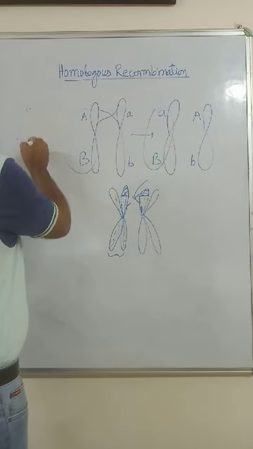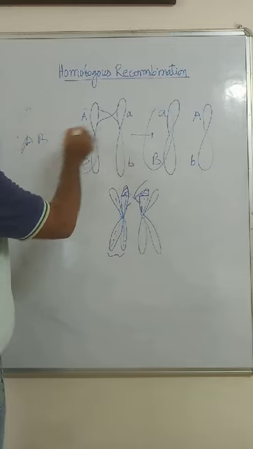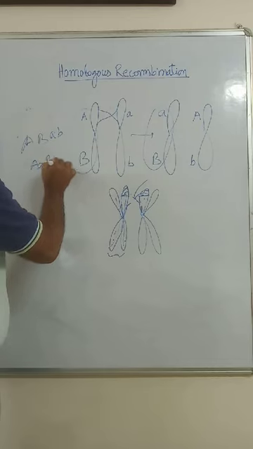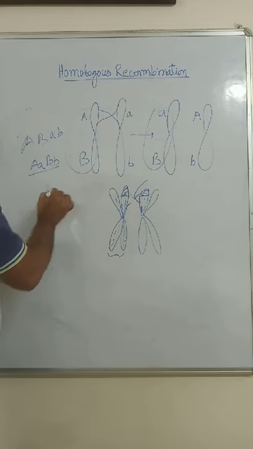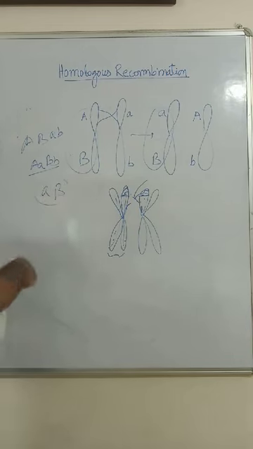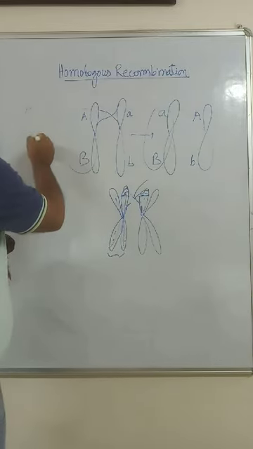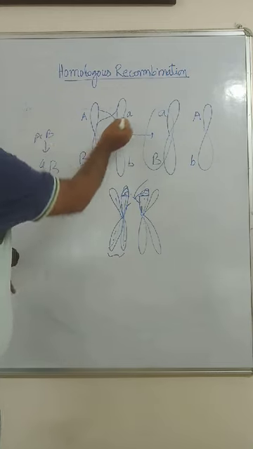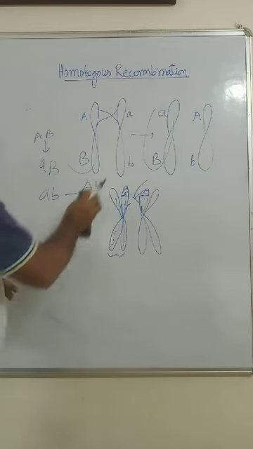Initially it was AB and ab, but now the condition is Ab and aB. So it means the combination has changed, from AB to Ab and ab to aB.